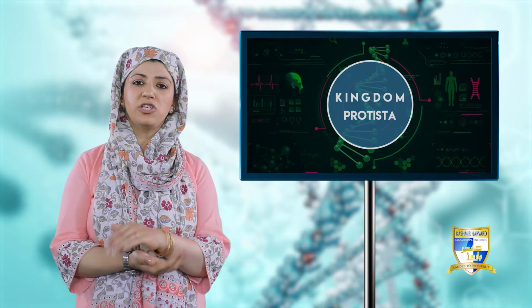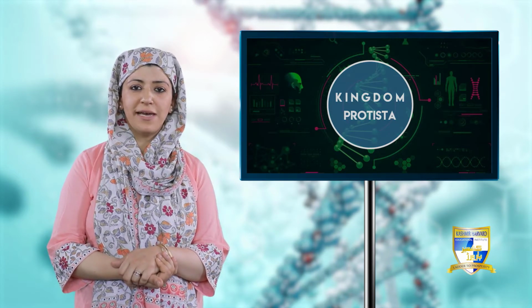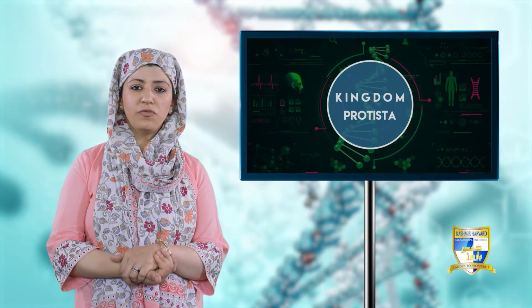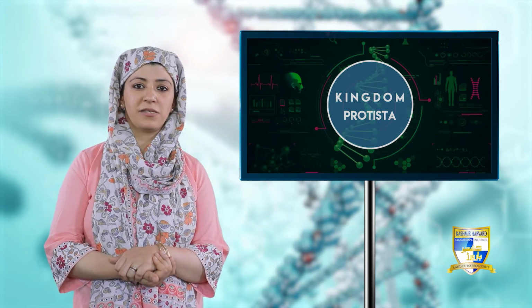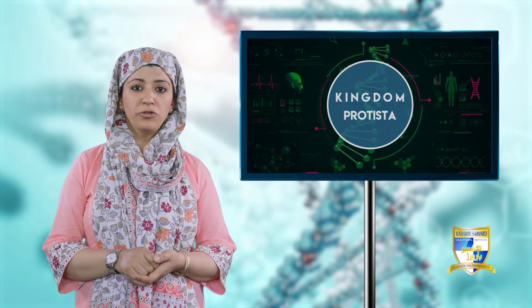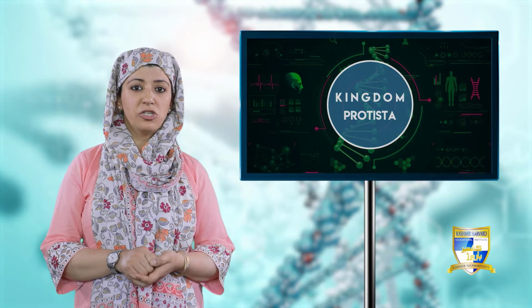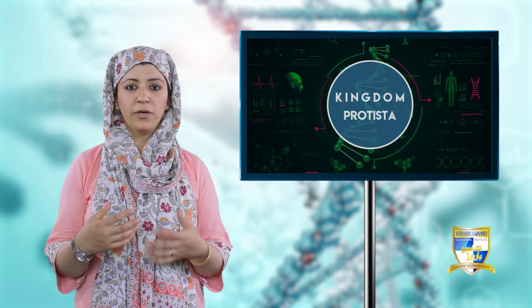Now what is flagella? Flagella are the long outgrowths of the cell. Usually their number is 1 to 4, and they show whip-like movements. You know the whip which we use for horses to move them quickly.